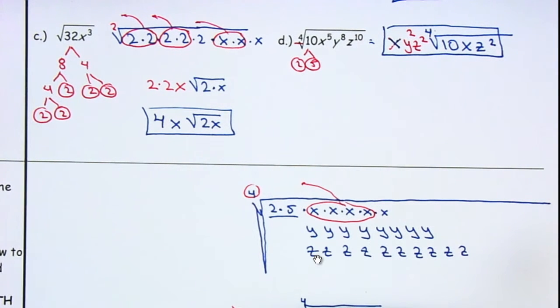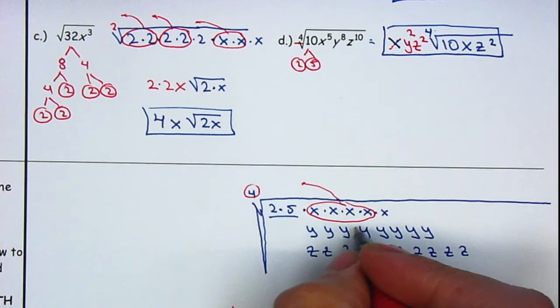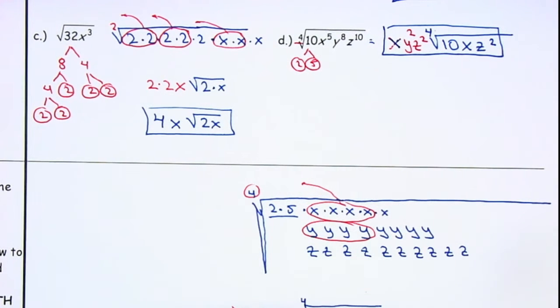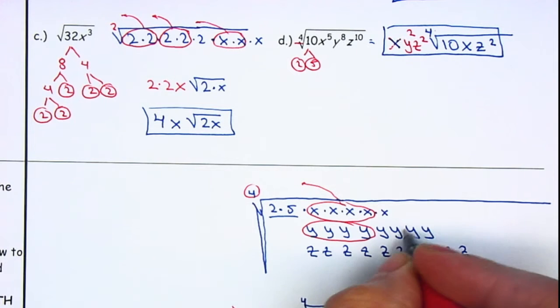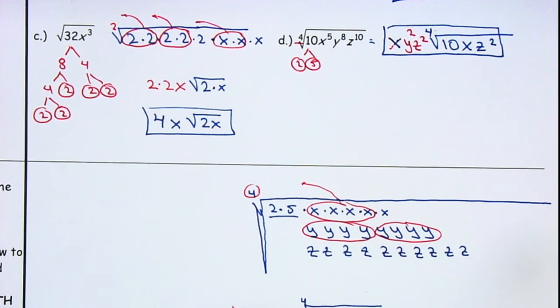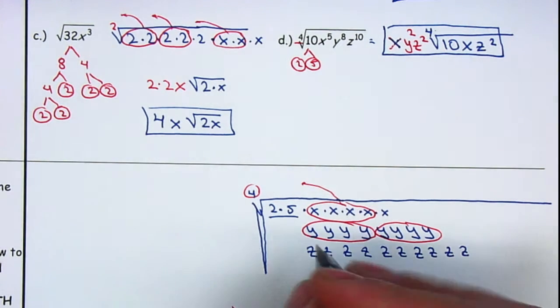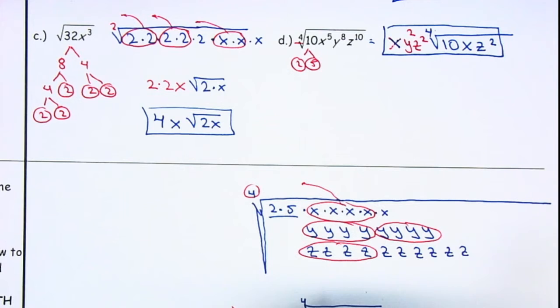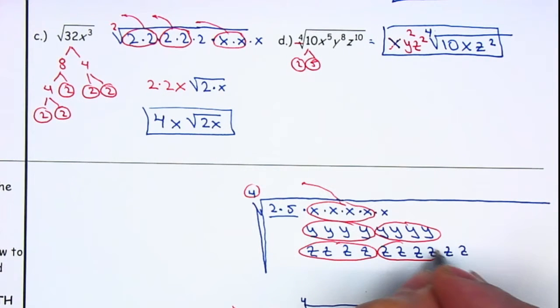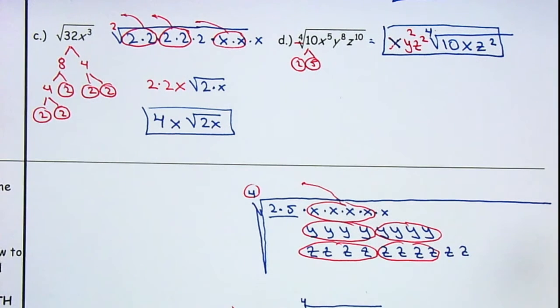So we have 2 times 5, and there's an x left over inside. Then for the y's, how many groups of 4? We have one group, and another group, and there's no y's left over. For the z's, I can take out a group of 4 and a group of 4, and there are 2 z's left over.